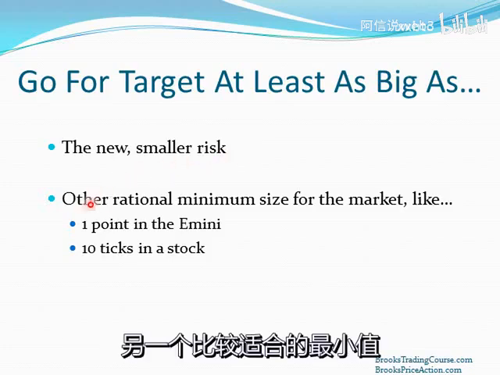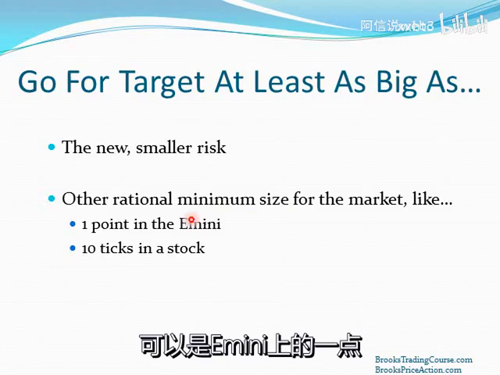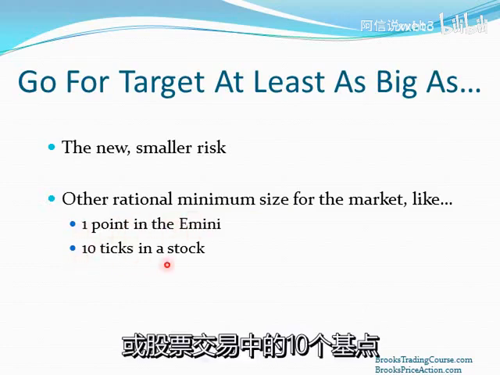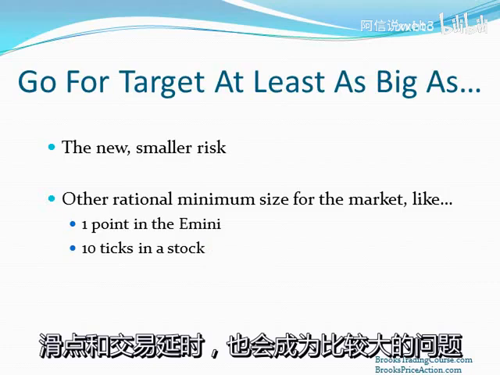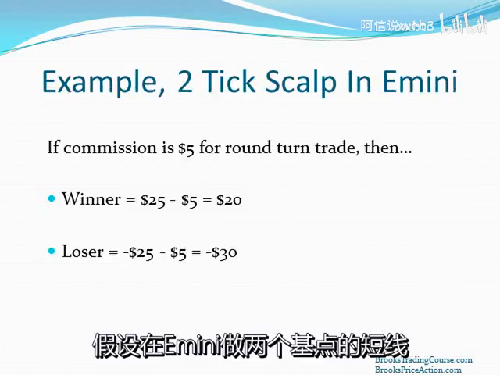Another rational minimum that you have to consider is maybe 1 point in the E-mini or 10 ticks in a stock. You don't want to go for targets less than that because commissions become a problem, and slippage and execution issues become a problem. For example, let's say you went for a 2-tick scalp in the E-mini.